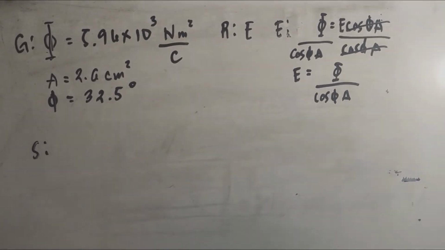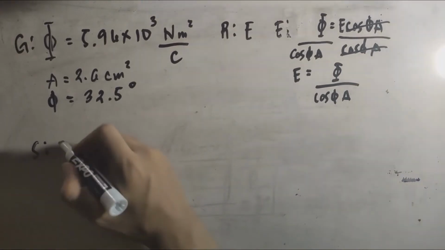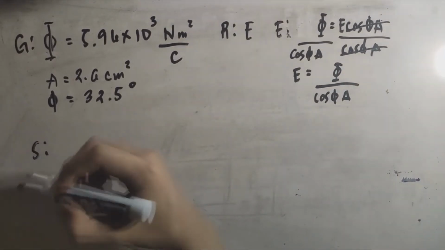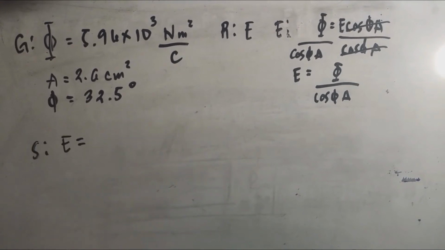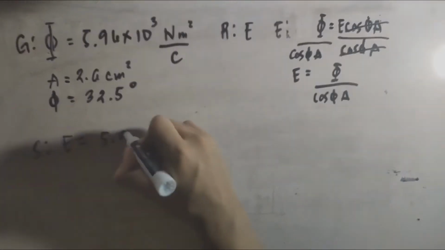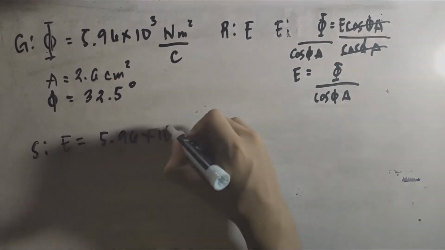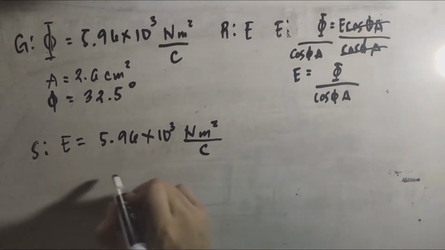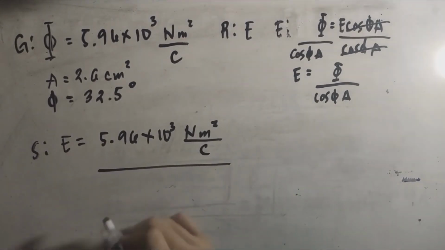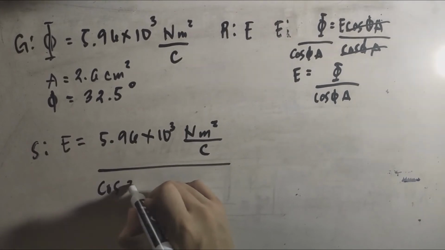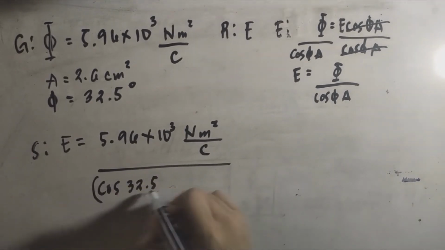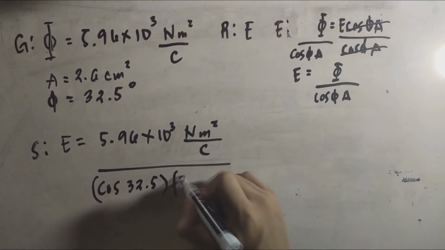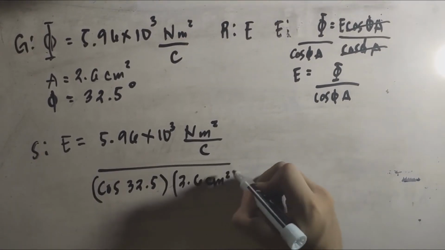So for our solution, we have electric field is equal to, so what's our flux? 5.96 times 10 raised to 3 Newton meter squared per coulombs over, so we have cosine 32.5 times the area 2.6 cm squared.